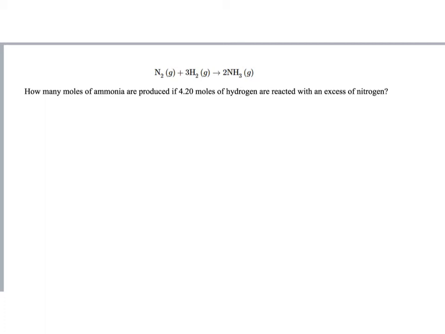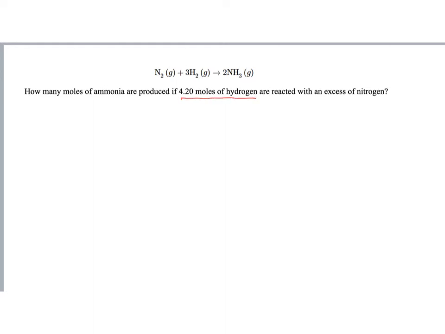Okay, so it says how many moles of ammonia are produced if you have 4.2 moles of hydrogen and we react those with an excess of nitrogen. So our limiting reactant is going to be the 4.2 moles of hydrogen, right?